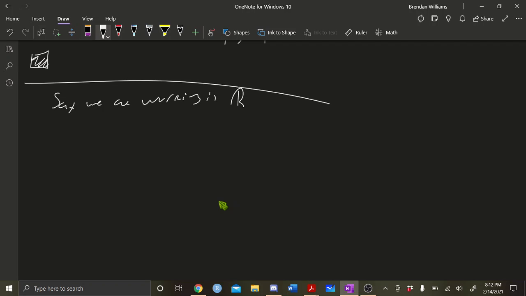So say we are working in R^n temporarily, where n is greater than 3.